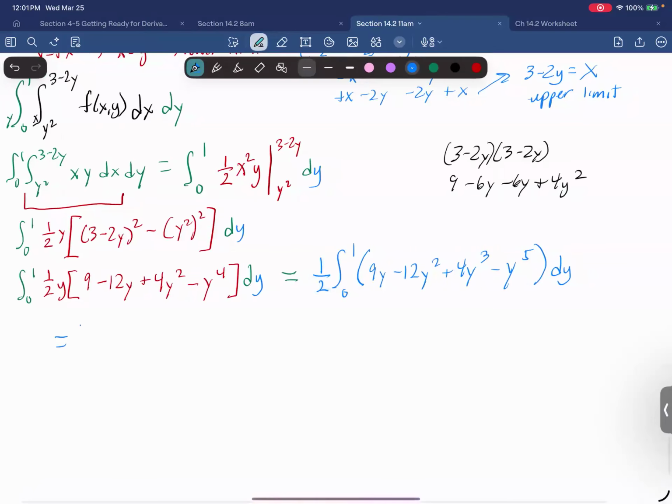Straightforward finish. We have 9/2 y squared minus 4y cubed plus y to the fourth minus 1/5 y to the fifth, evaluated from y equals 0 to y equals 1.